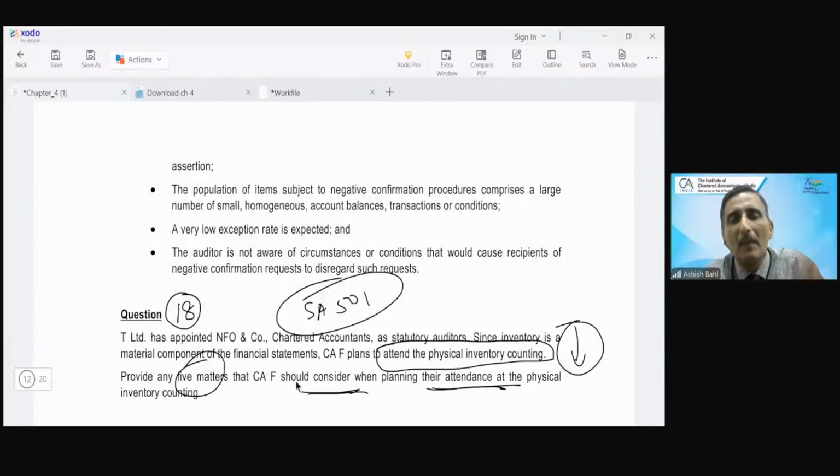Three days you would be at the plant of the company. But before actually going to the site, you are planning. So a few days before, 10-15 days before, you are planning. What matters would you consider?